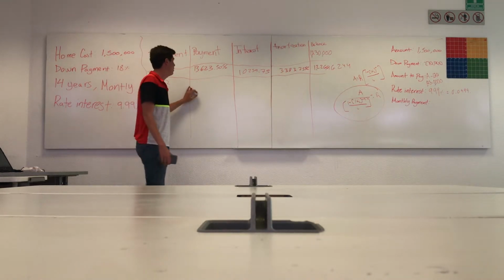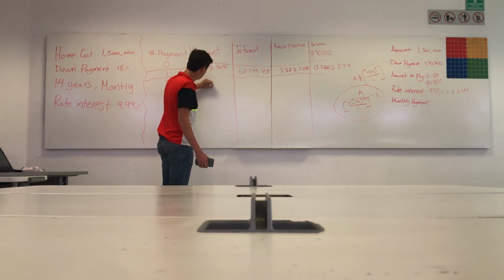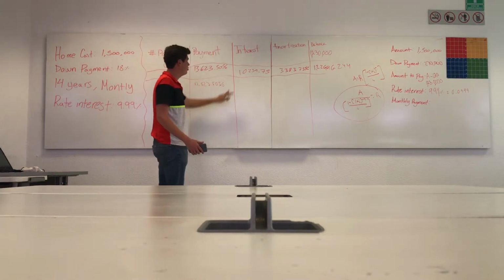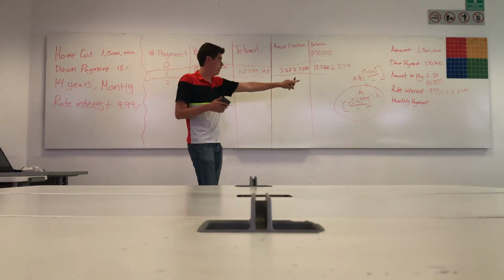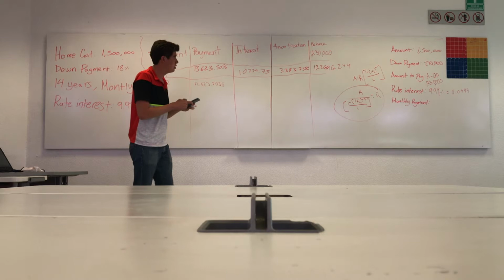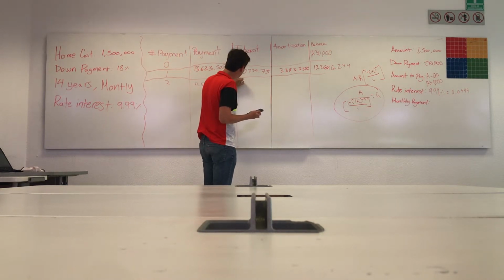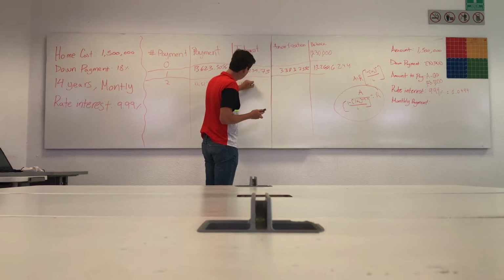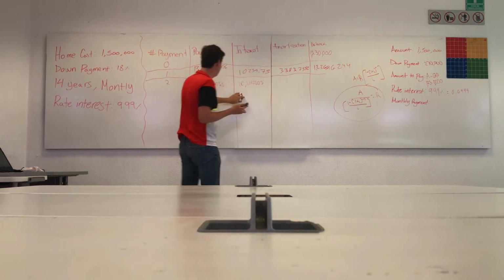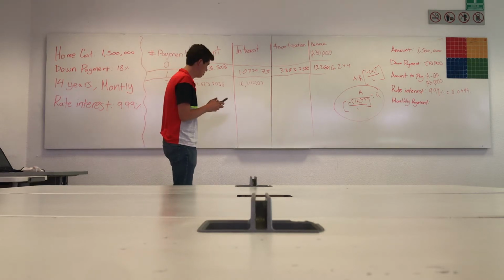The payment will be the same because of the problem. So it's going to be this. The interest will be the interest rate multiplied by the balance divided by 12. Then you just subtract this from this quantity and you get the amortization.